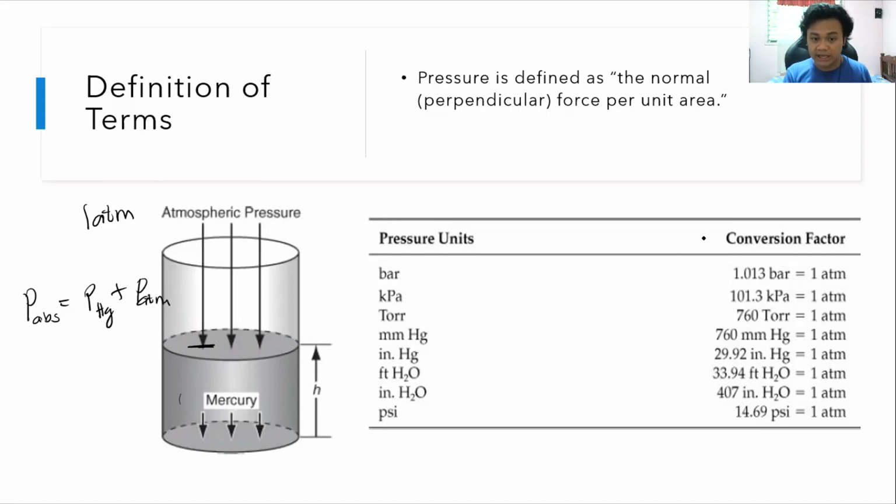Okay, so here are also different units for pressure. We have bar, kilopascals, torr, millimeters mercury, inches mercury, feet water, inches water, and psi. So don't be confused by Hg and H2O. It's just that the fluid that was used in the manometer or the pressure gauge is mercury or water.